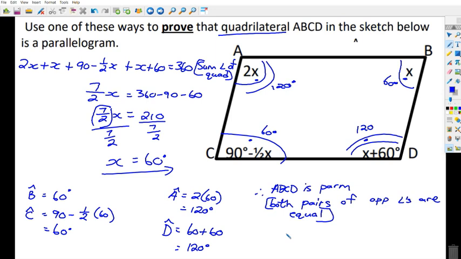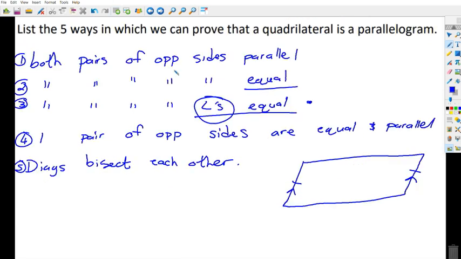Okay, so always check what they give you, guys. Alright, so a lot of guys wouldn't know how to even start this. Okay? But what do I see? I see that they gave me angles. So now I think to myself, what is the only one of the 5 reasons that deals with angles? The only one. There's only one. There we go, angles.